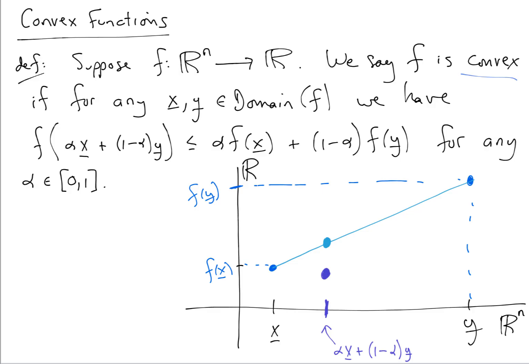When you then step back for a moment and say, well, alpha could have been anything between 0 and 1, as we take this point here and just traverse across the interval from x to y, this relationship has to hold. This blue point, which moves along this line segment, will always be above the purple point. And the result is a graph that looks something like this.